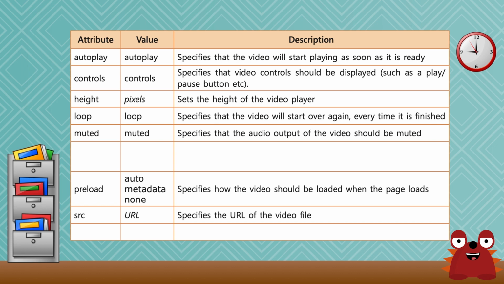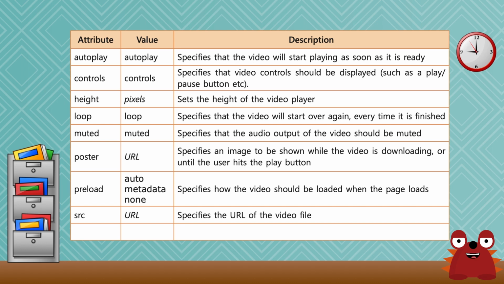Height, with its value being pixels, sets the height of the video player. Poster, with its value being URL, specifies an image to be shown while the video is downloading or until the user hits the play button. And width, with its value being pixels, sets the width of the video player.